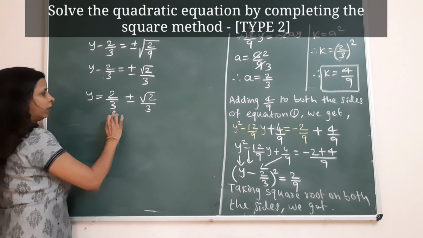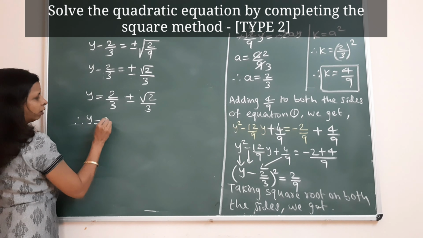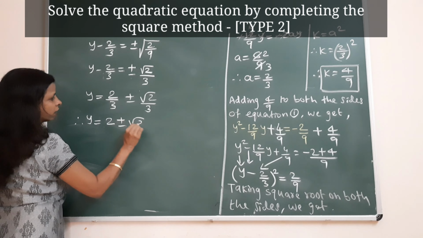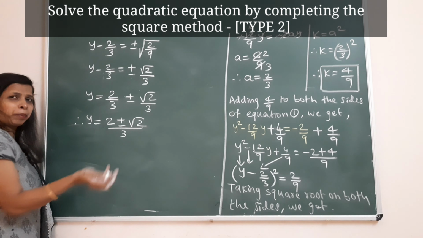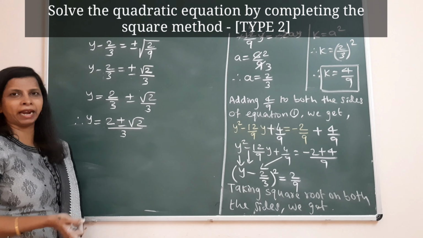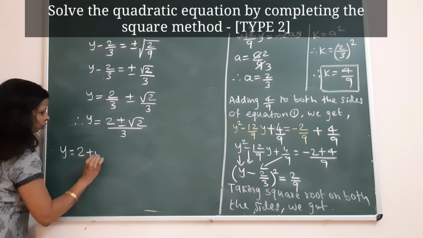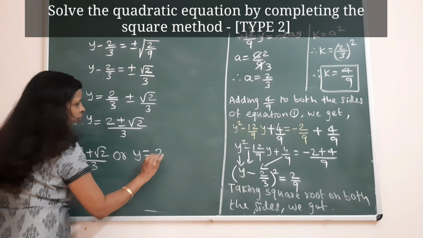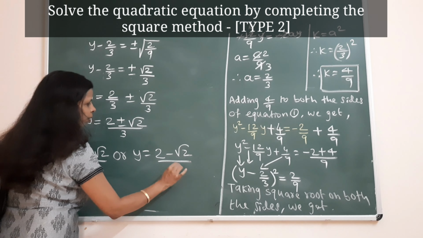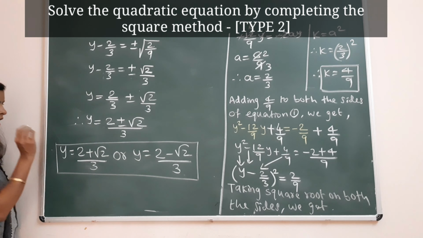The denominator is common, so 2 plus or minus root 2 upon 3. Now separate these, because you cannot add 2 and root 2. So y is equal to 2 plus root 2 by 3 or y is equal to 2 minus root 2 by 3. This is your answer.